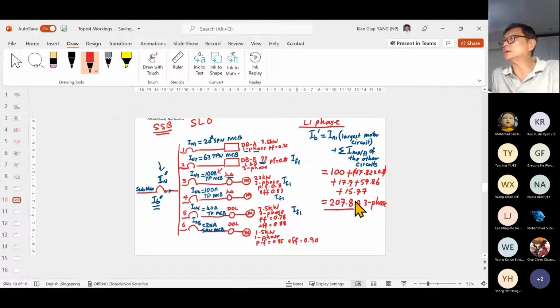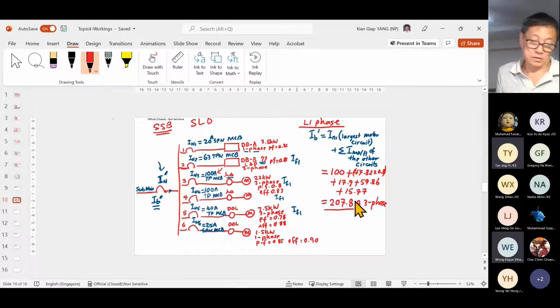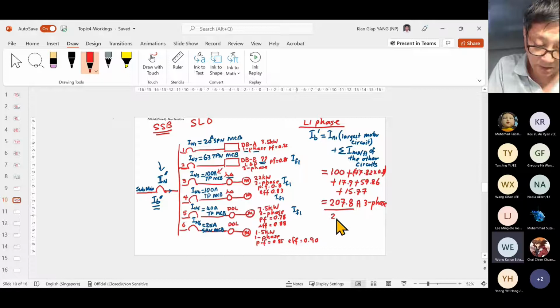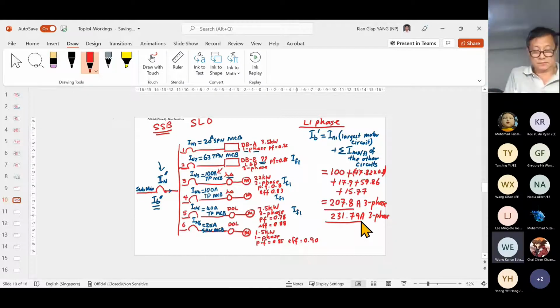Please check whether the answer is correct. 231.79. 231.79 ampere, 3 phase. So who is correct now? We got 2 answers here. Can anybody else double confirm which one is correct?